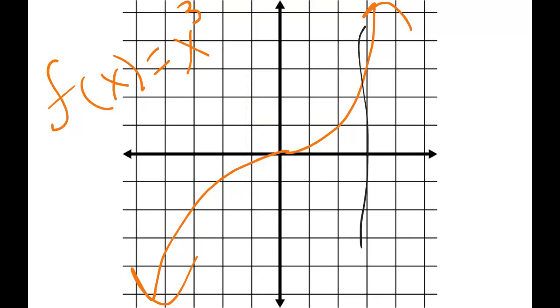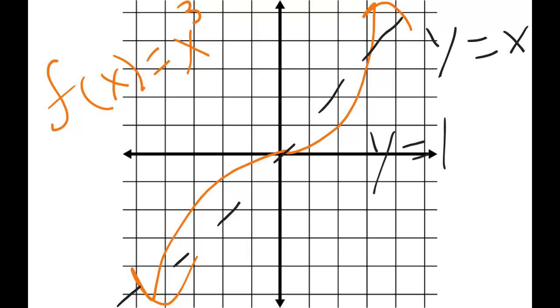The last concept that really goes with inverses is that they have some cool symmetry. Do you know what line they're symmetrical about? It's okay if we don't. It's a special one, but it looks like this, and I'm going to dash it in. It's symmetrical about the line y equals x, or in slope-intercept form, 1x plus 0.